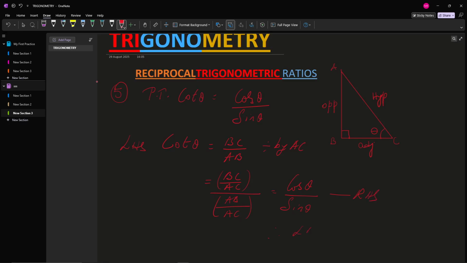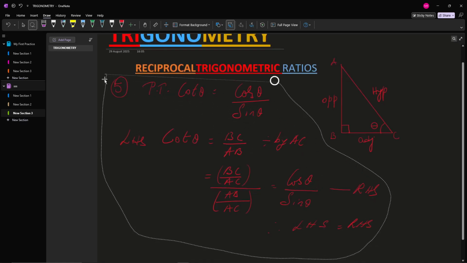So therefore LHS is equal to RHS. So these two functions, the fourth and fifth one, cot theta is equal to cos theta by sin theta, and tan theta is equal to sin theta by cos theta. Okay, these derivations are not of much importance, but you have to know the ratios, reciprocal ratios.